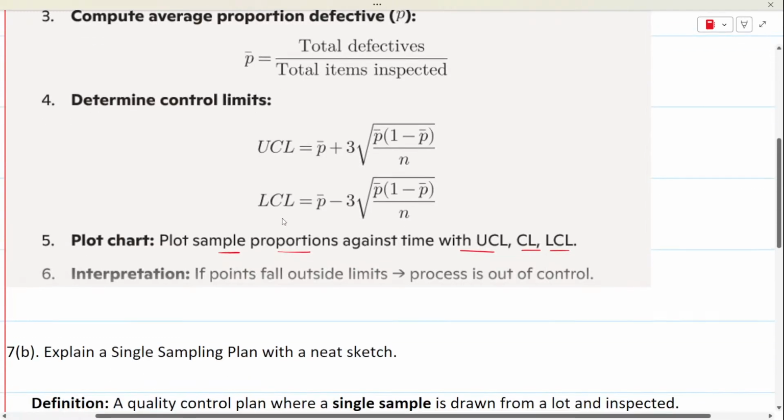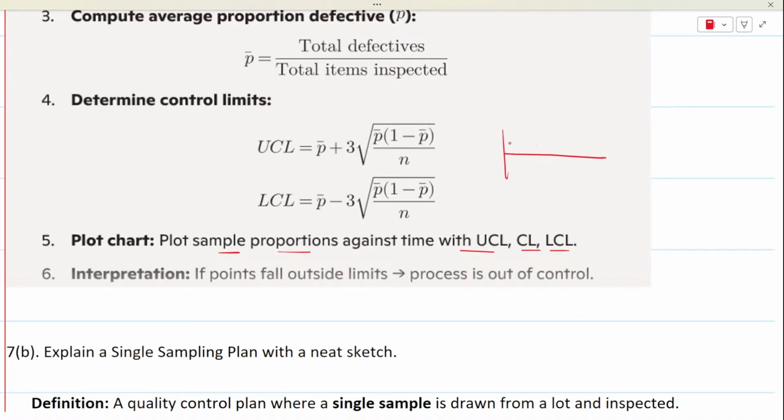If all the points are falling within the limits, let's say we are plotting some parameter x against the time, and if we find the variation like this, then the process is said to be stable.